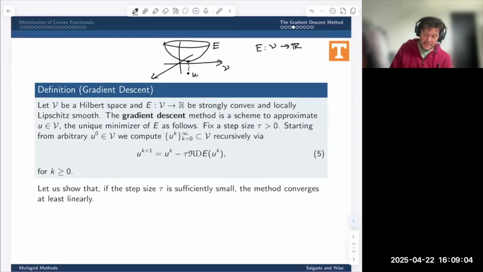All right, so gradient descent, we're going to assume that E is strongly convex and locally Lipschitz smooth, just to make this a well-defined algorithm. The gradient descent method is then an algorithm for generating a sequence of points, uk from k equals 0 to infinity. So you need to initialize it with one point, u0. You fix a step size.